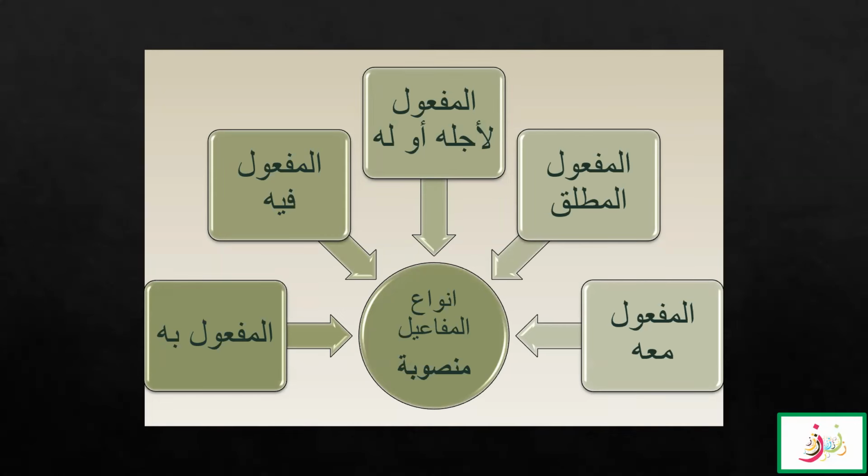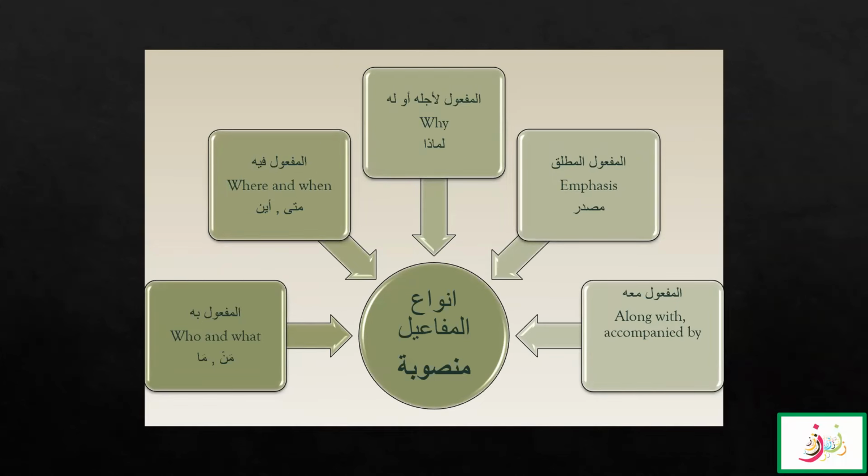They are Maf'ul bihi, Maf'ul fihi, Maf'ul li-ajlihi, or it can be called Maf'ul lahu, Maf'ul mutlaq, and the last one is Maf'ul ma'hu. And we learned what questions these Maf'ul answer. Maf'ul bihi answers the questions about who and what, usually man and ma.